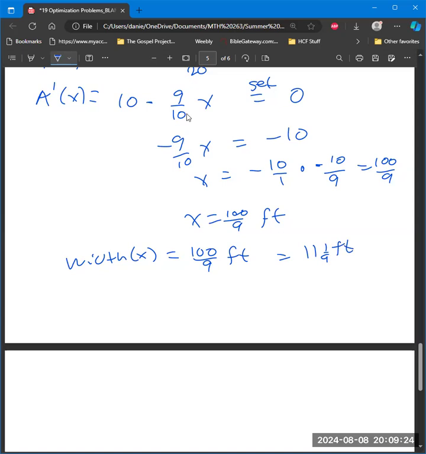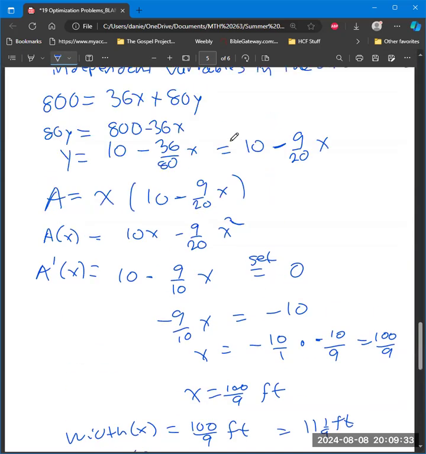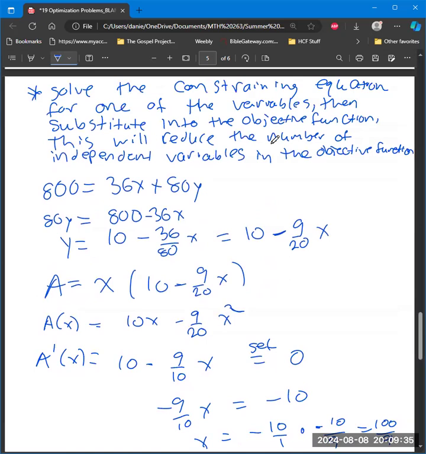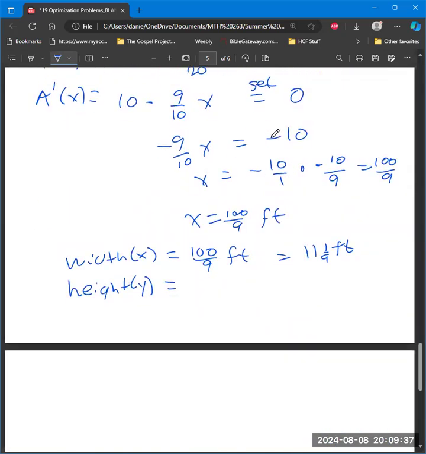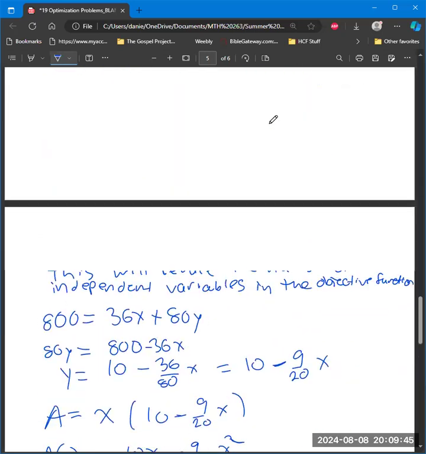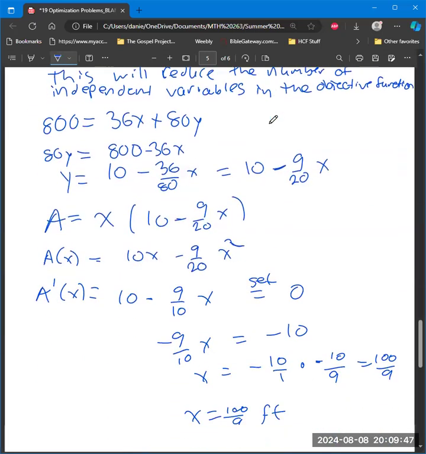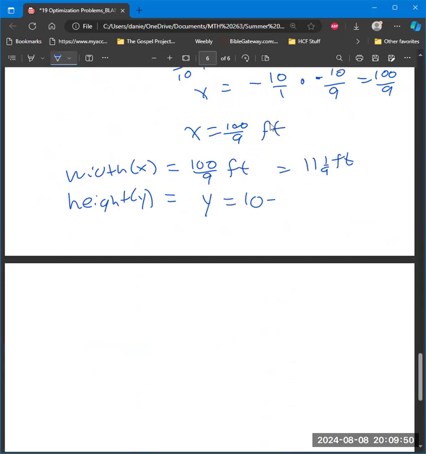Okay, but we need to know our height, y, which is going to be up here. Y was equal to 10 minus 9/20 x.